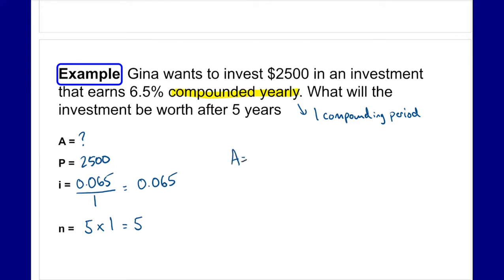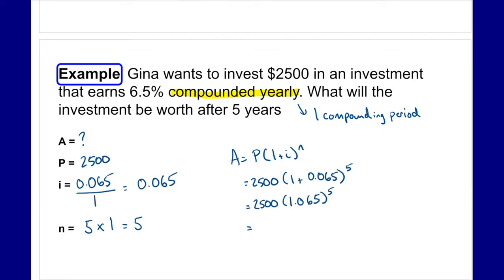So A equals P times 1 plus I to the power of n. So we have 2,500 times 1 plus 0.065 to the power of 5. Now you can simplify inside the brackets first if you want: 1.065 to the power of 5.